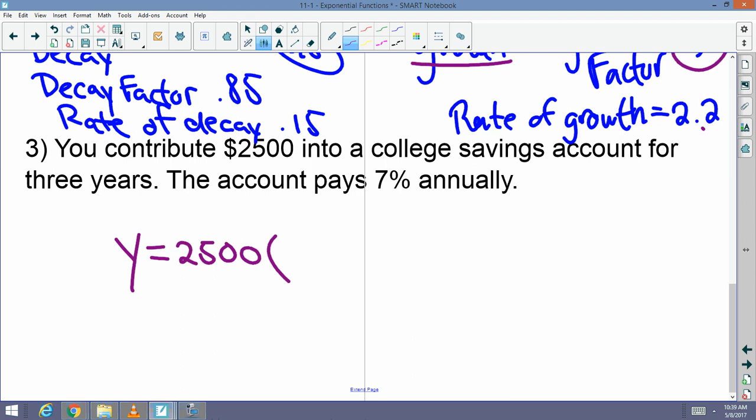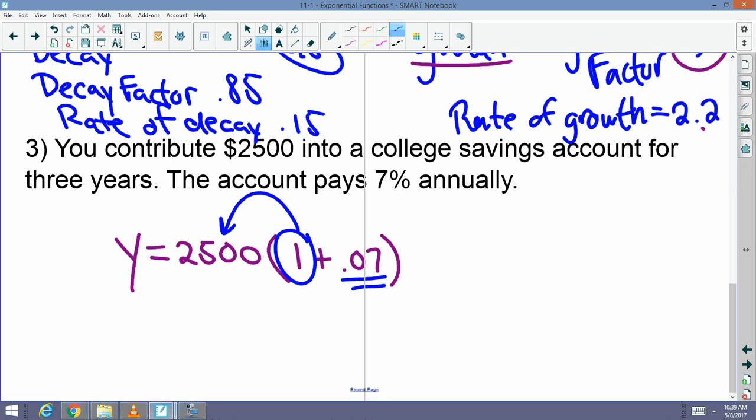Close. It'd be 1.07, because remember that it's 1 plus the interest that I'm earning. Remember that this 1, guys, is a very huge concept. This 1 represents 100% of my original amount. This 0.07 is 7% of the original amount.